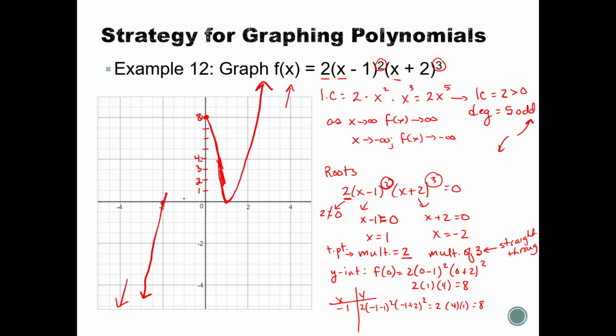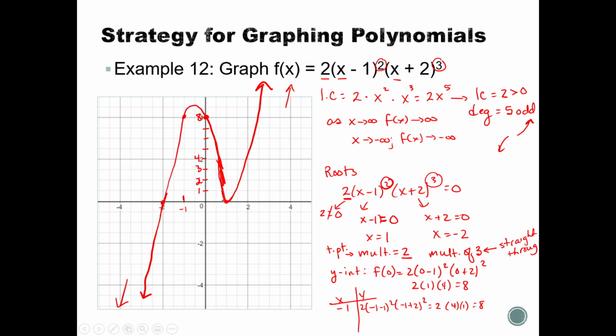So at negative 1, it's also going to be at 8. So my graph is going to have to come up and then come back down. So my mountaintop, my maximum is going to be in here between negative 1 and 0. Okay? And you can pick however many x values you want to get some more detail, but this shows me the general shape of the graph.